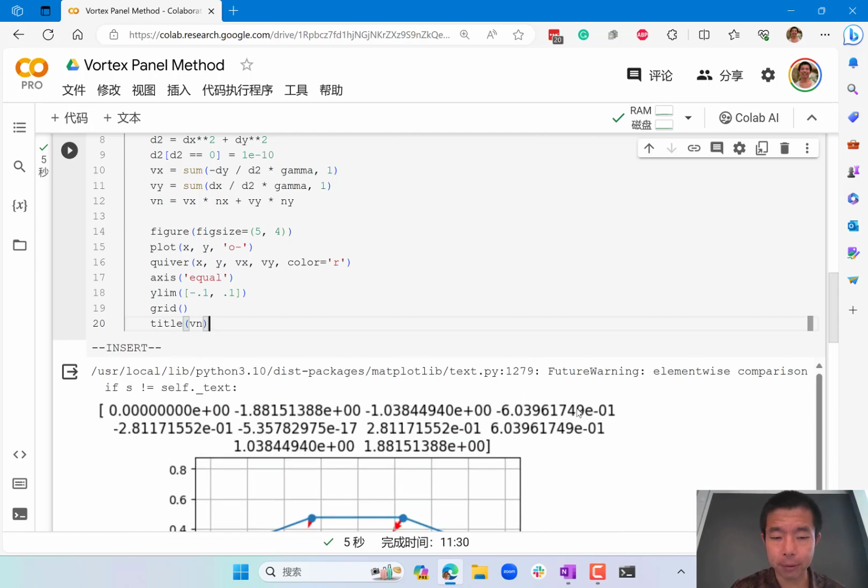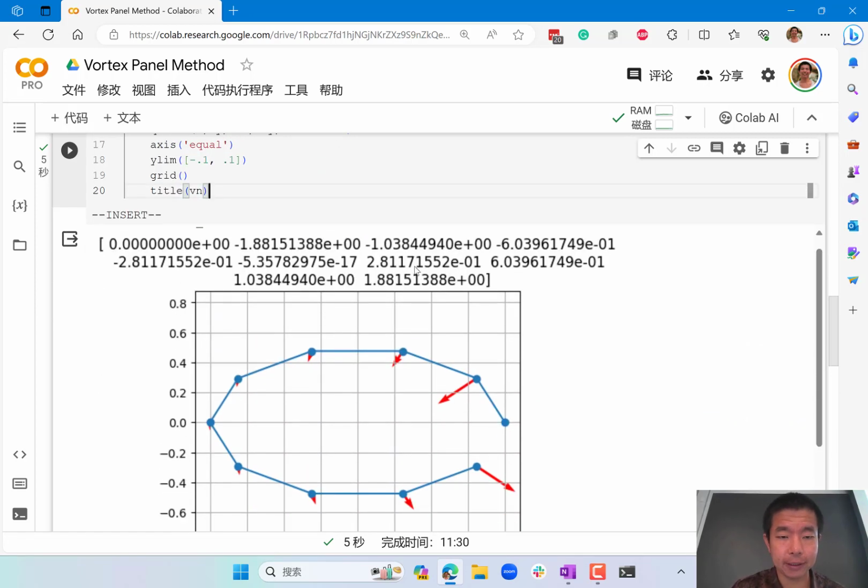So for example, this is the first Vn. The first element is on this vortex itself, and it doesn't induce any normal velocity. On the second point, it induces a negative velocity in the normal direction, that's obvious. In the third point, also negative, but the magnitude is smaller.